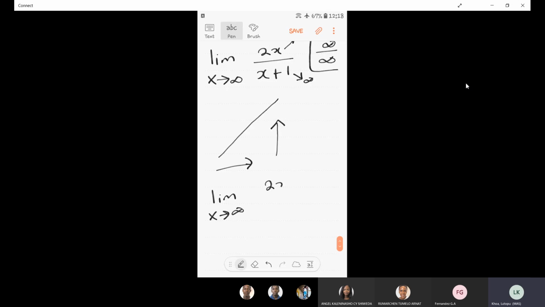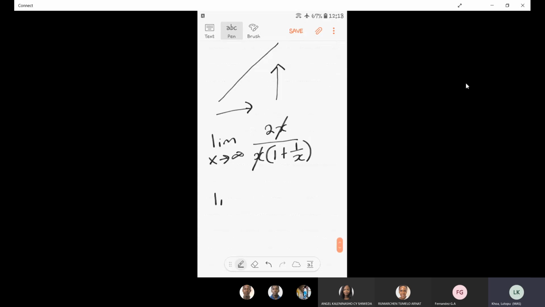Okay, the numerator is already factored out. Then in the denominator, I'll take x out, and I have x times (1 plus 1 over x). Then this x and that one can cancel out. I will be left with the limit as x goes to infinity of 2 over (1 plus 1 over x).